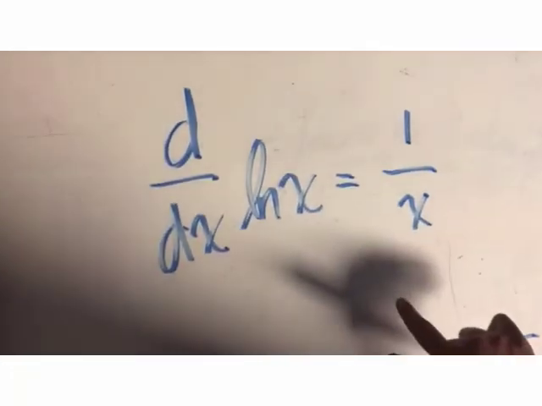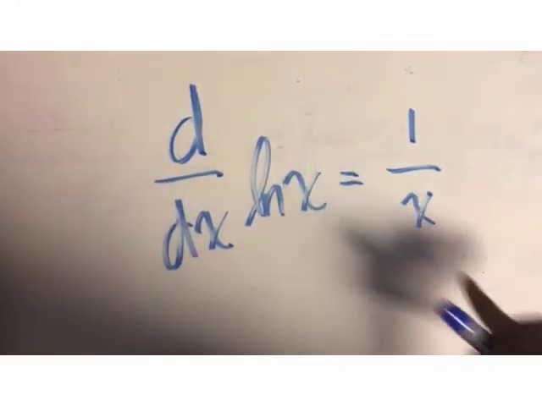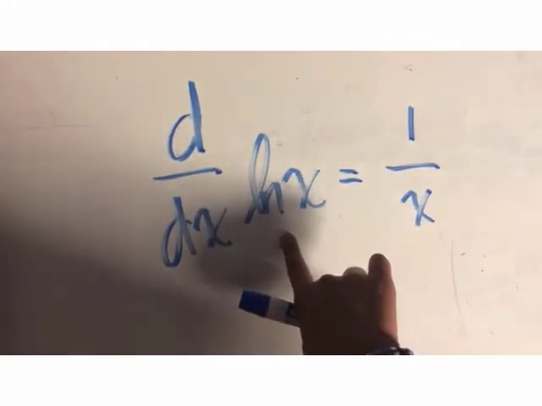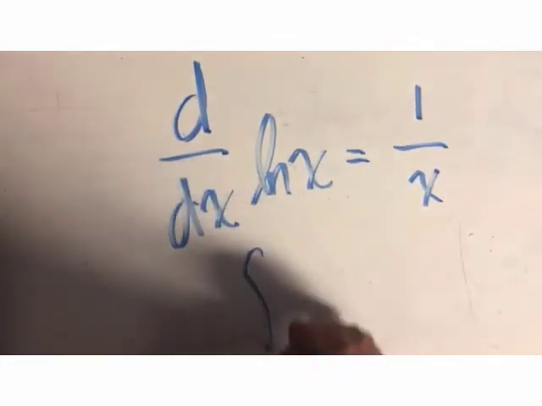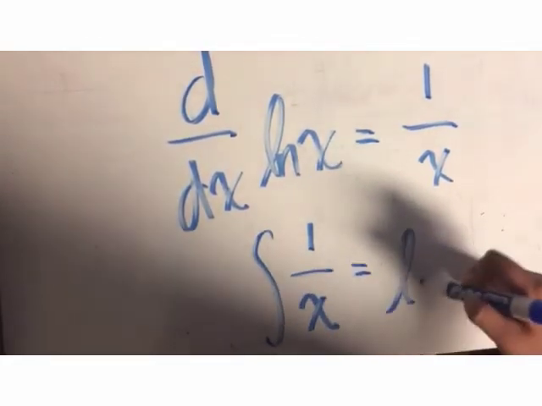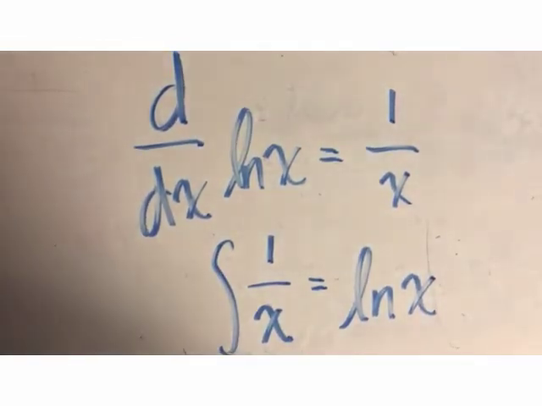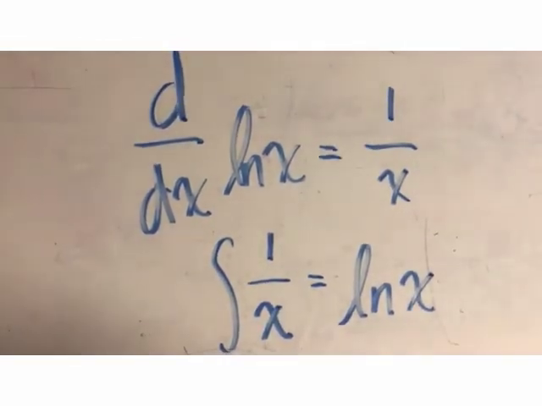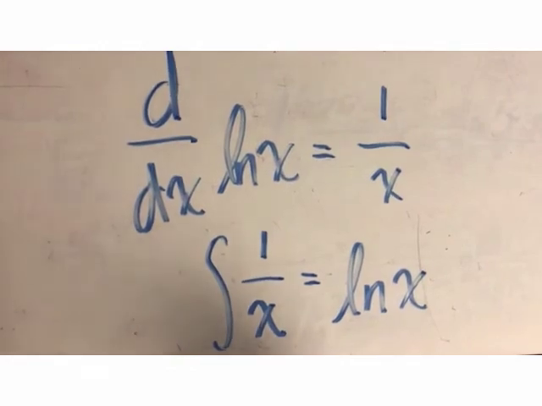If I were to integrate 1 over x, I would get back my natural log function. So it would look like this. The integral of 1 over x equals ln of x. And the same would be true if I had an ln of u type of function or problem.